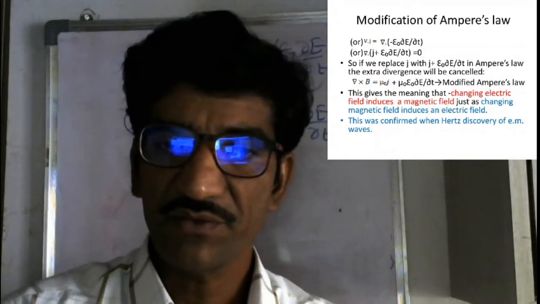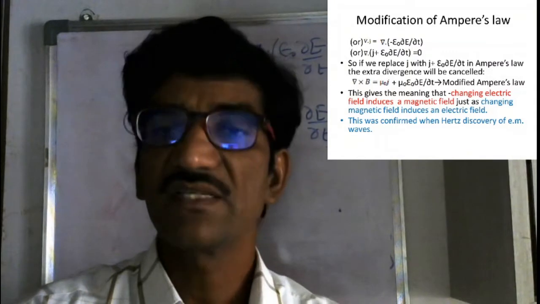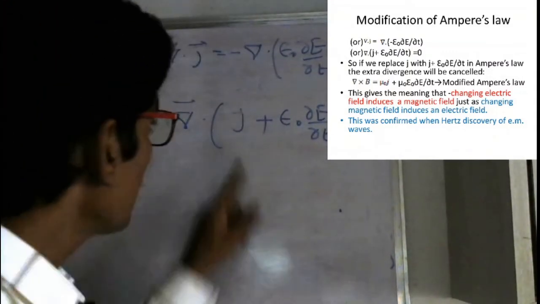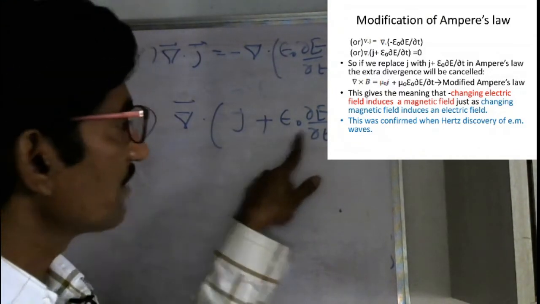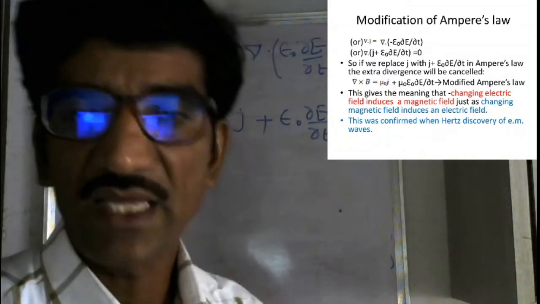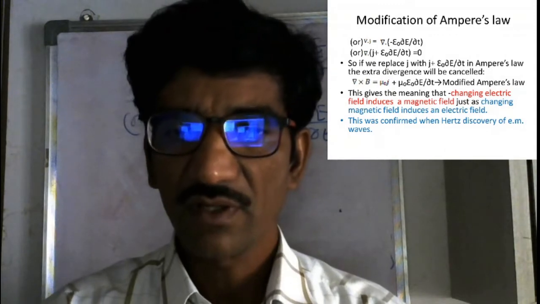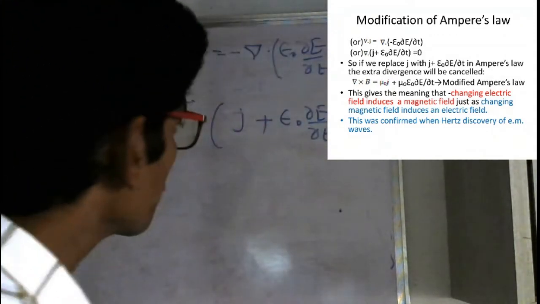So here, whenever you go for the Ampere's law, this happens when you replace J with J plus epsilon naught dou E by dou t. This will kill the extra divergence in the Ampere's law. So then what happens to your Ampere's law?